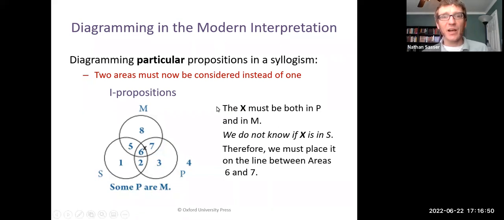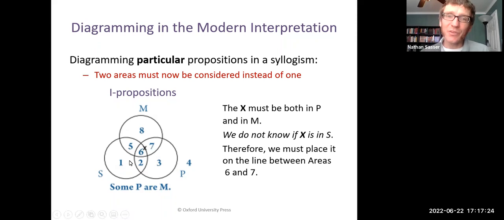Let's say we've got an I-type proposition which says some P are M. What that is saying is that there's at least one item in the overlap area between P and M. The overlap areas between P and M are 6 and 7. So what we're saying is there is something, and it's either in 6 or in 7 or in both. But we don't know which.